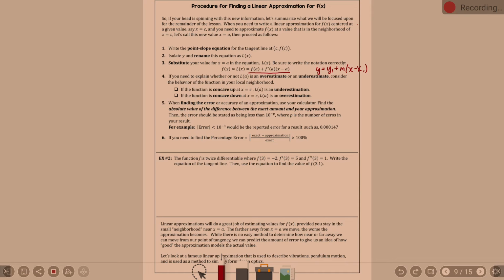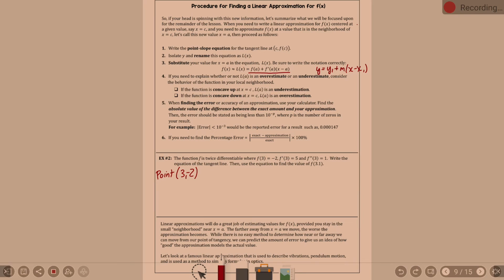Okay? So, f of 3 equals negative 2. What does that tell me? 3, negative 2. Okay. Wait, I thought it was 2 negative. Oh, never mind. Yep. So we have a point at 3, negative 2. They're not ever going to say that in calculus. They always say f of 3 equals negative 2.